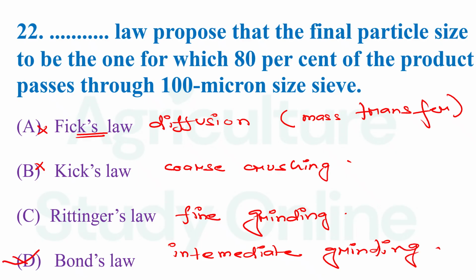So our correct option should be option D, because it is based on the 80% pass size, which is basically common in industrial calculations. For coarse particles, Kick's law is used, for fine, Rittinger's law, and Bond's for the intermediate. That means 80% passing.